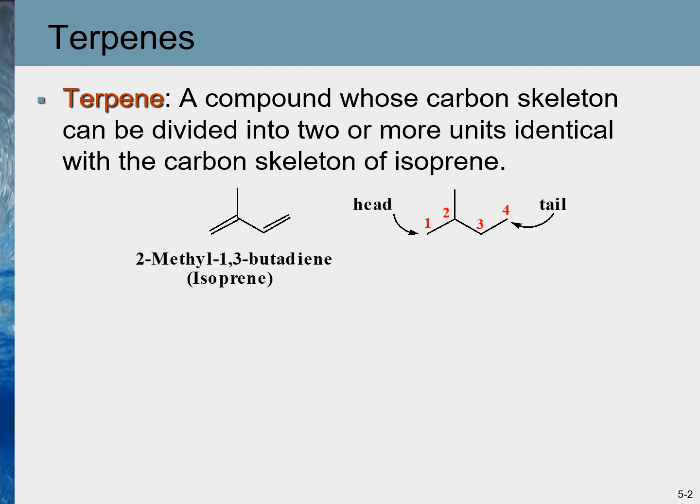The structure of an isoprene unit is shown here. Isoprene is a diene, and it has a methyl group at number 2 position.